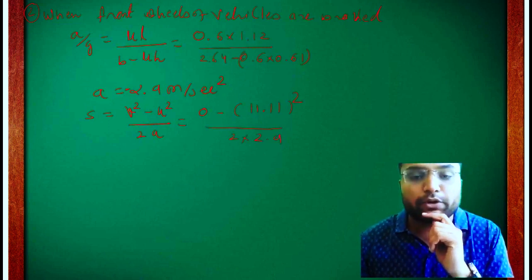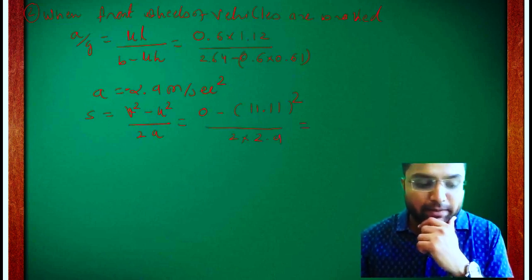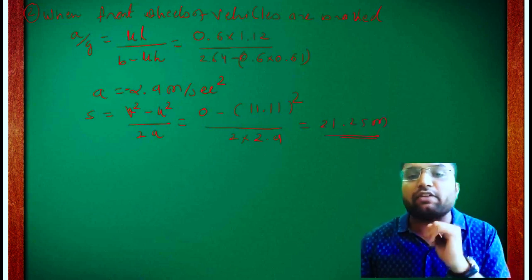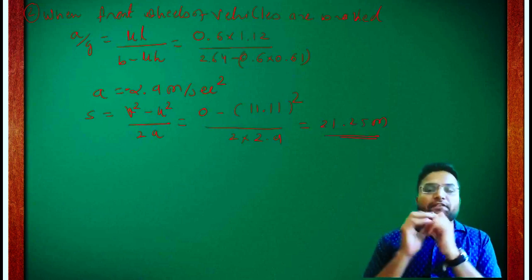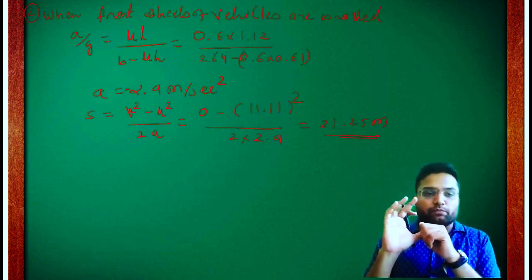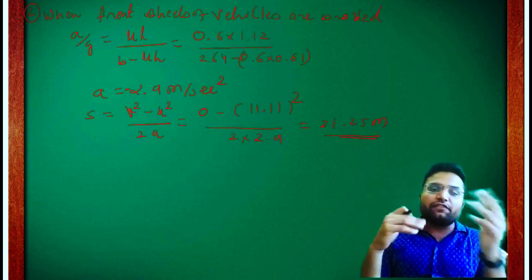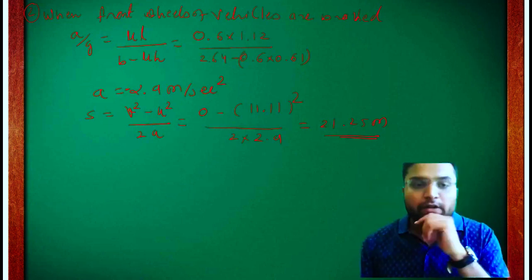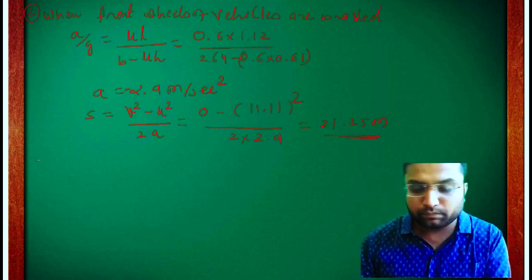So S is ultimately 21.25 meters. So in this case, when we are braking only the front wheel, it will be 21.25 meters. In the first case we braked our rear wheel, now we have braked our front wheel. Third case is when all four wheels are braked.